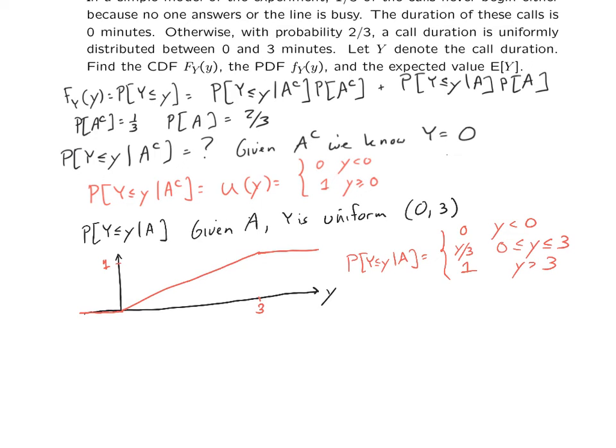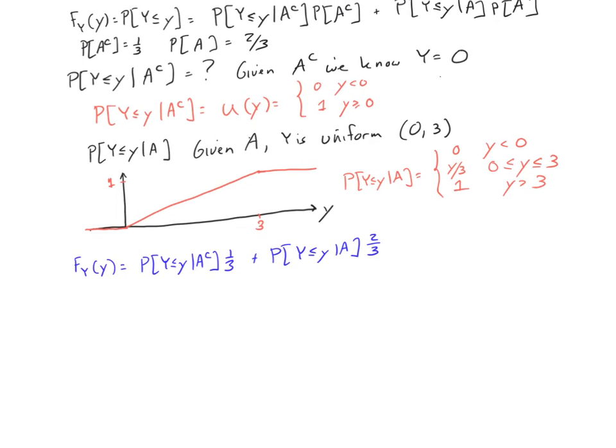So now we're ready to put all of these pieces together, and we write the CDF of y as equal to the probability y less than or equal to y given A complement times the probability of A complement, which is 1/3, plus the probability y is less than or equal to y given A times the probability of A, which is 2/3.